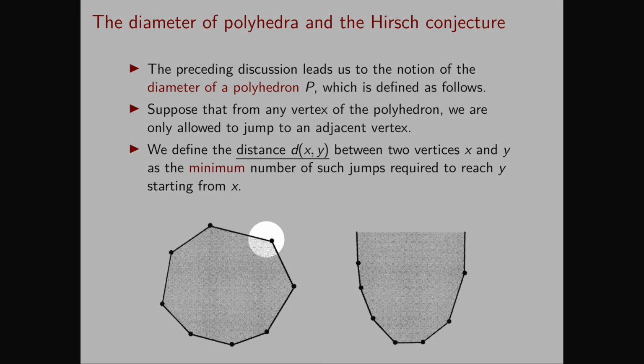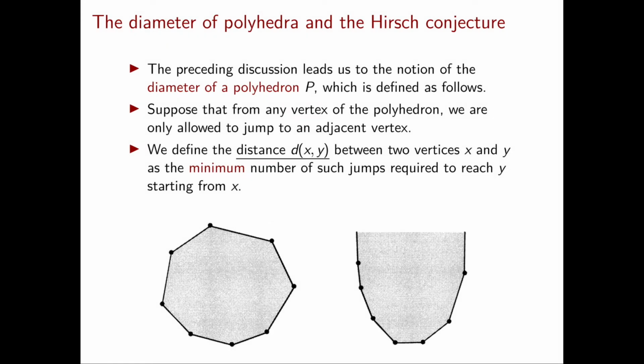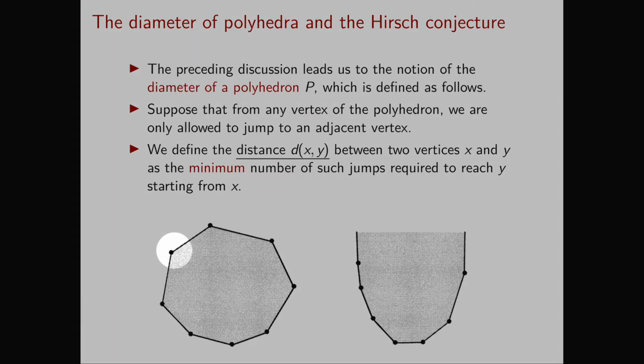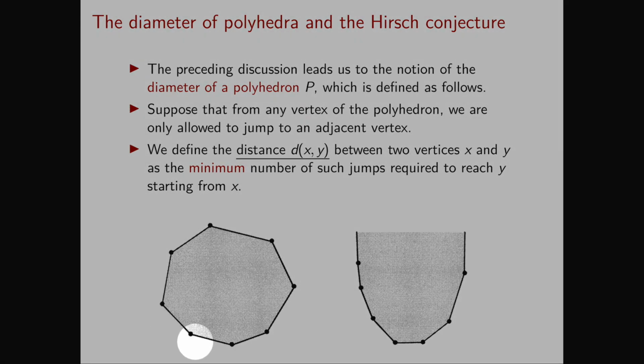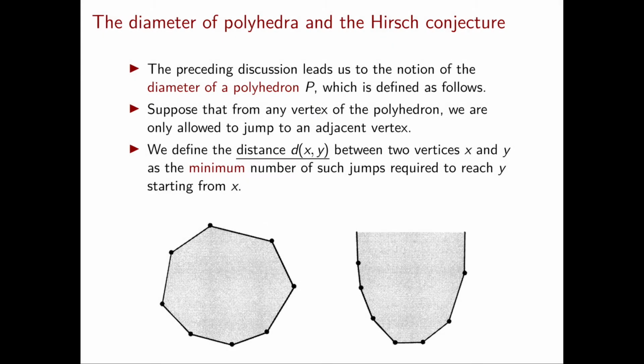Of course, we could have taken a different path, namely we could have gone all the way down below from x to y, but this would have required 1, 2, 3, 4, 5, 6 jumps, and the minimum between 2 and 6 is equal to 2, so the distance between x and y is equal to 2.